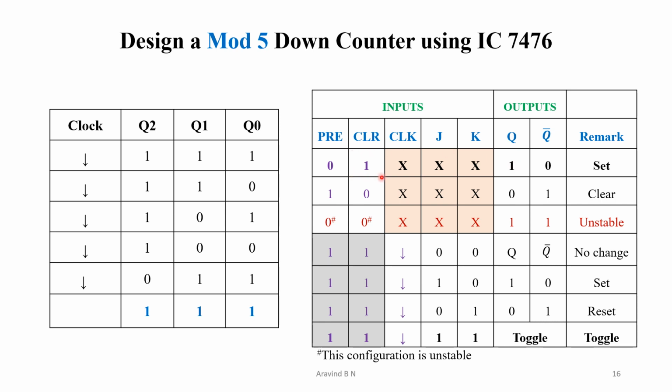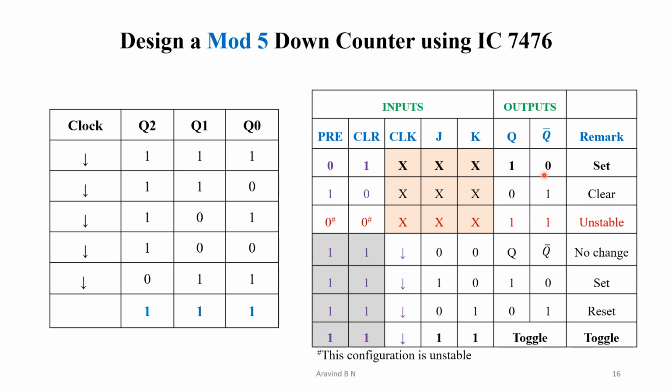Clear has nothing to do over here, so clear will always be kept equal to 1, that means it will be connected to VCC. And then preset, according to the requirement and the design, we are going to make preset equal to 0 at that particular instant, and then automatically the output will move to the highest value, that is equal to 1.